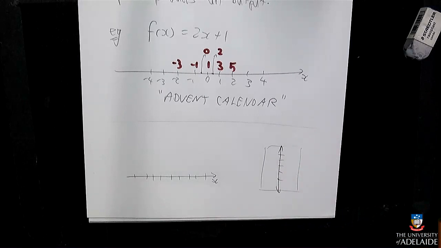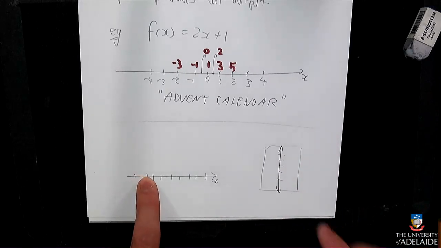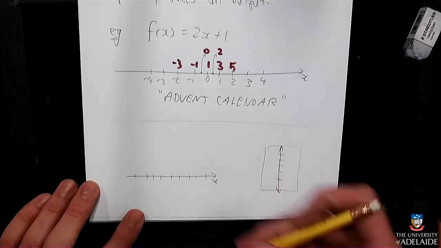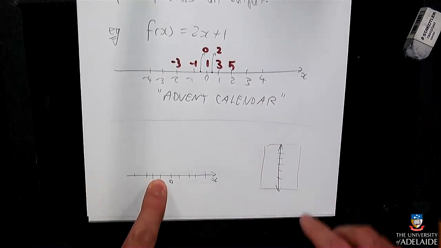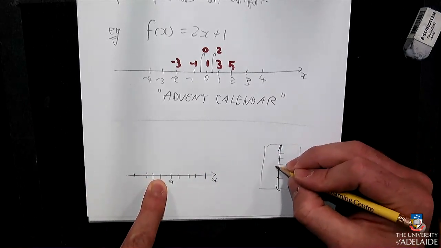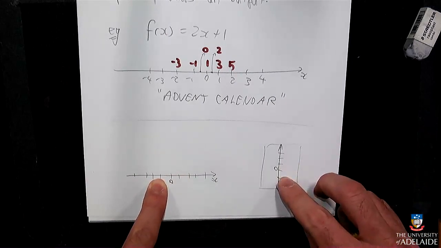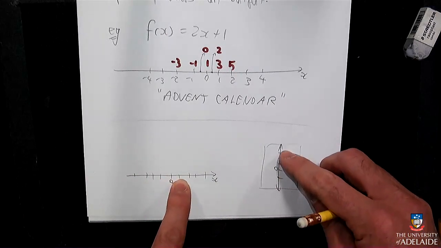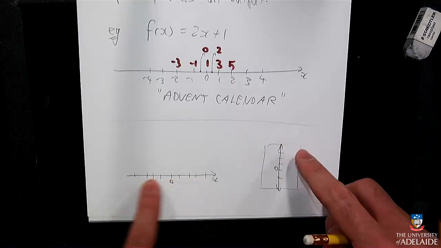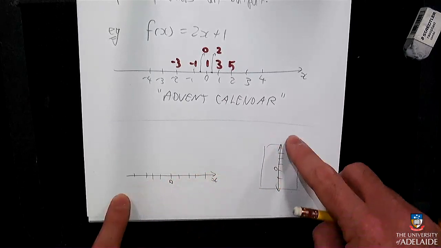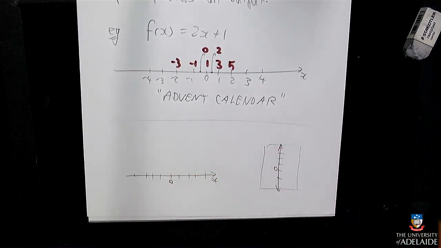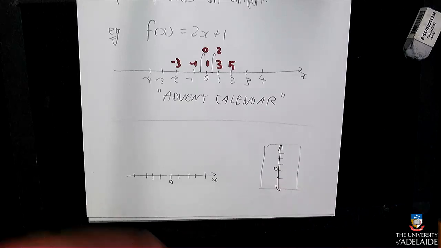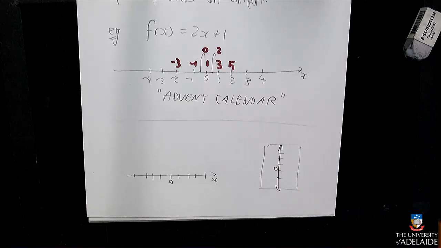So I can imagine here that if I walk this way, so here, let me just put a 0 in here. Here at -1, the answer was -1. And as I walk here, it goes up to there, and then up to there, and then up to there. And I can imagine as this moves along, this moves up and down. This one doesn't have to be vertical, it could be horizontal as well, it doesn't really matter.